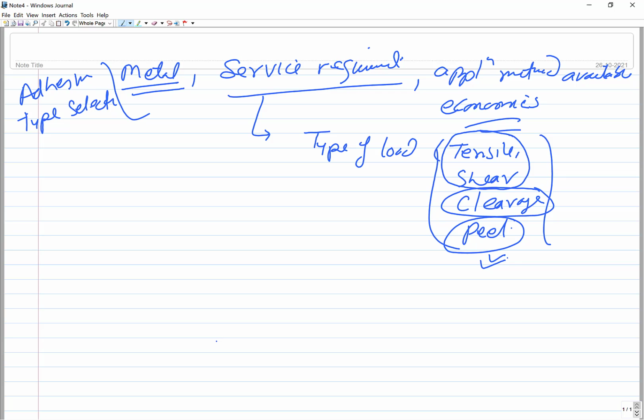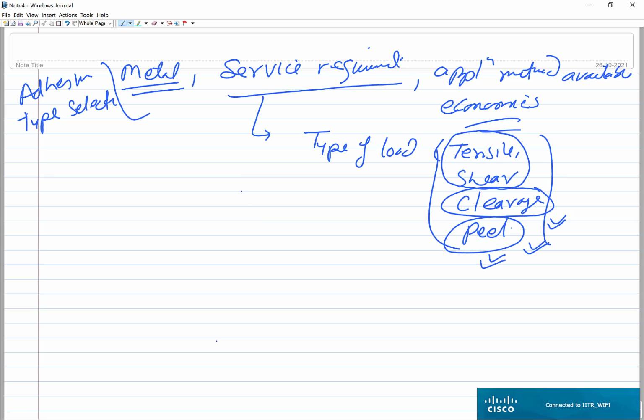Okay, so the peel strength of the adhesive joint is found to be only a fraction of the tensile strength of the adhesive joint. So efforts are always made that the adhesive joint is not subjected to cleavage or peeling load conditions, but experiences primarily tensile and shear conditions. On this I'll come a little later as far as the type of loading is concerned.